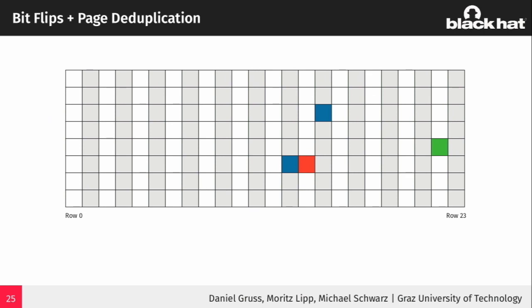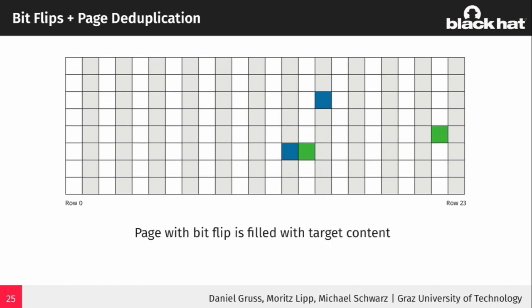They find a location where they have a bit flip, and they have another page that they want to relocate there so that they can induce the bit flip on this page. And they do this by storing the same content on this vulnerable page and then waiting for deduplication. The deduplication hopefully will deduplicate in the right direction, and if it does, then we can induce the bit flip on this page that we actually should not be able to write to.